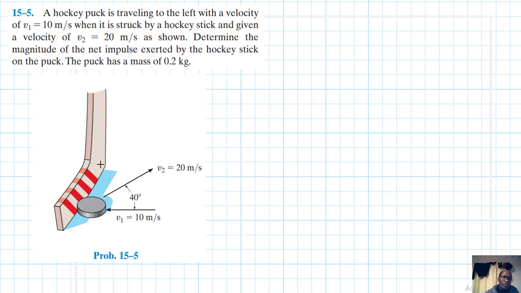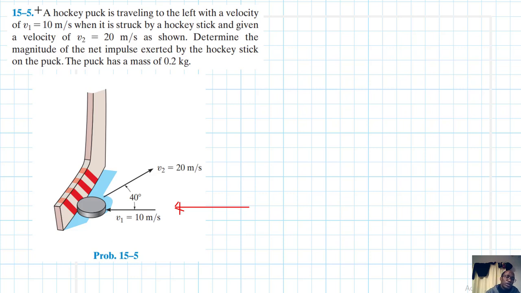So we are using the concept of linear impulse and linear momentum, and let's look at what is happening here. This puck is initially moving at a velocity of 10 meters per second coming from this direction, right? And then this hockey stick applies a force on it.